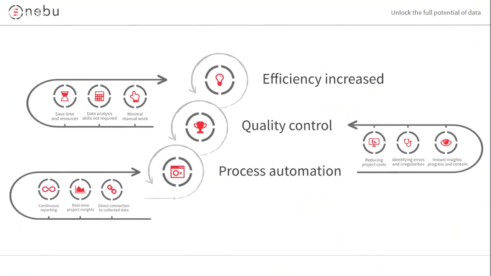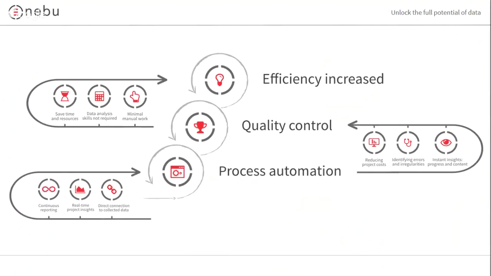By saving time and resources, by minimizing the amount of extra work you have to do, and removing that manual work, you increase your efficiency, and all of those things together, that automation, quality control, and increased efficiency, is going to lead you to the full survey optimization you're looking for.